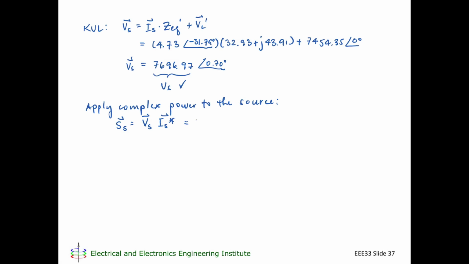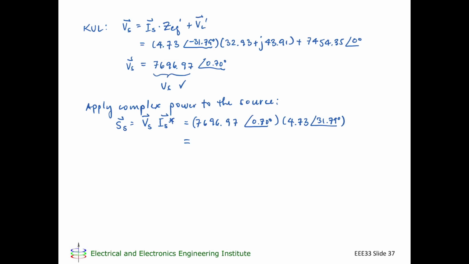V sub S is 7696.97 at an angle 0.70 degrees multiplied by I_S conjugate, which is 4.73 at an angle of 31.79 degrees.